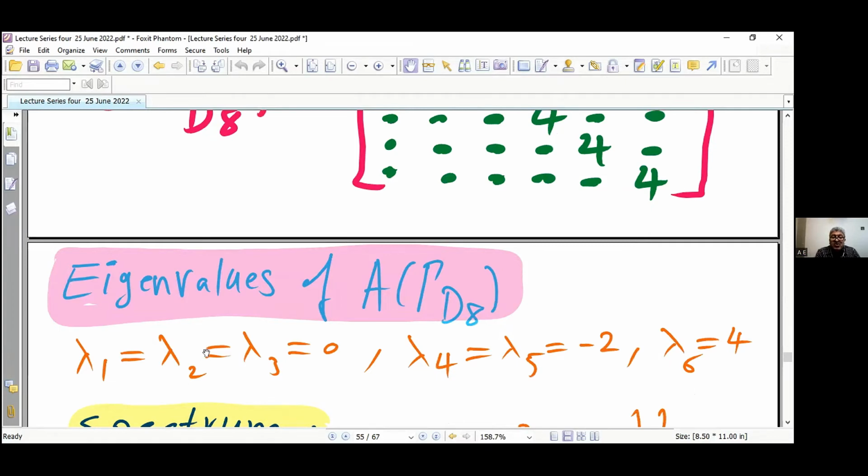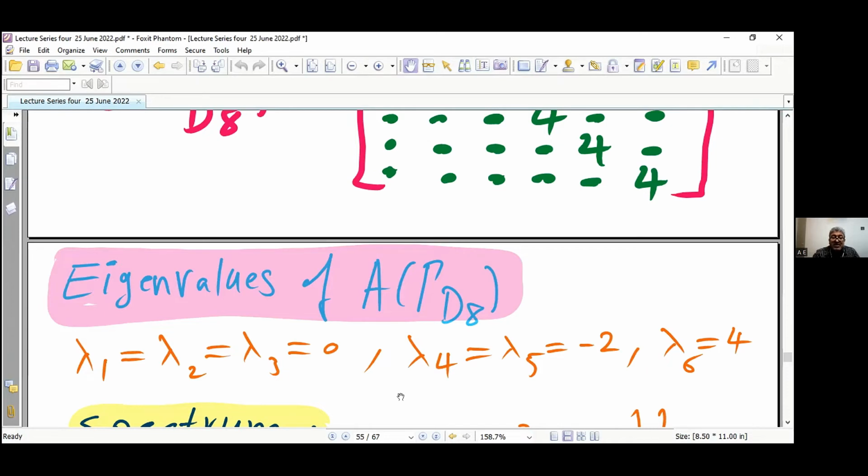So lambda 1, lambda 2, and lambda 3 are 0. And we have 2 eigenvalues equal to -2. So lambda 4 and lambda 5 are -2. And the last eigenvalue is 4.